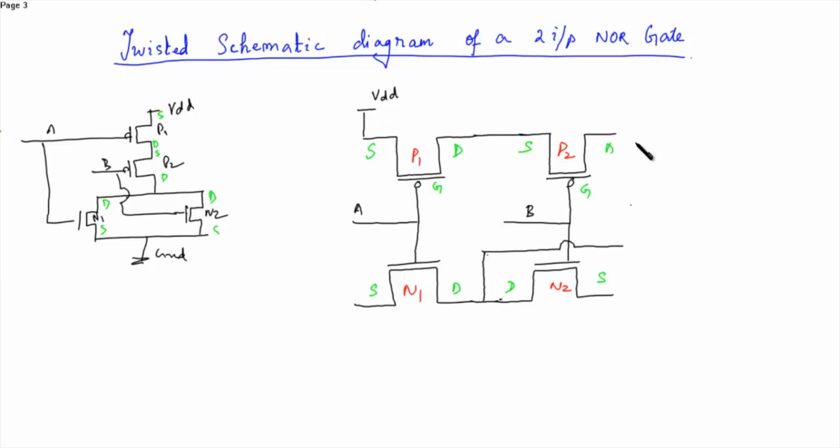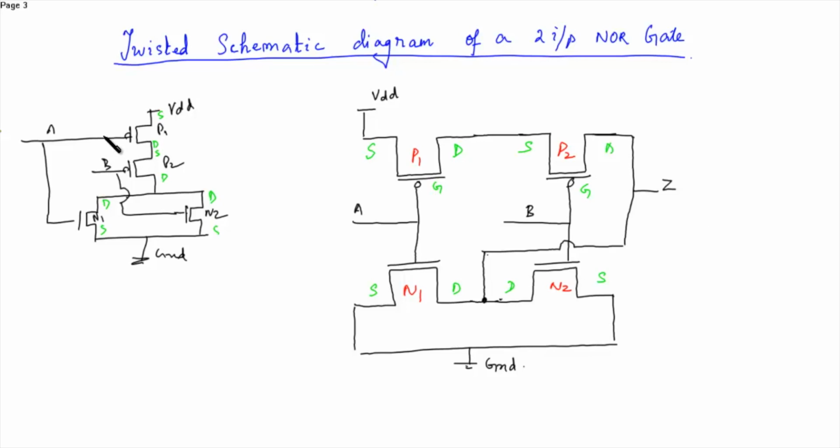This is the final output Z. These two sources are connected to ground. So this is the stick diagram of a 2-input NOR gate.